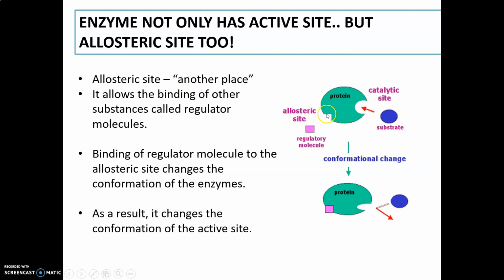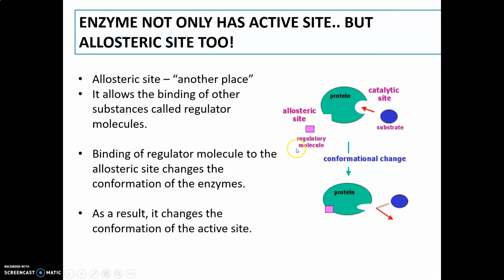Di mana kalau dekat active site tu adalah binding of the substrate, untuk allosteric site, okay, dia allow the binding of another molecule yang kita panggil regulator molecules. Alright. Apa yang berlaku? The binding of this regulator molecule akan change the conformation of the enzyme, menyebabkan dia akan change the conformation of this active site.